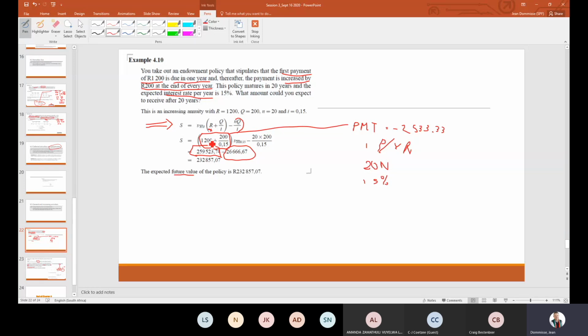To get to the right value, you need to subtract that extra compounded interest that you added to your equation. That is why we are taking that part off, because from the start you didn't have that extra 200 Rand. But your whole formula made the assumption that you had that extra 200 Rand.